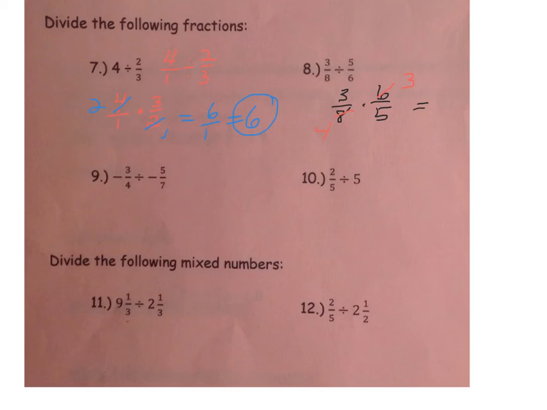So that's going to equal 9/20. Then we have some positive and negative arithmetic. Would you please pause, do number 9 and 10, show your work, and then after you pause and do it, then turn it back on and check my answers.